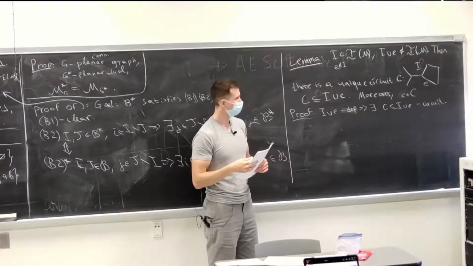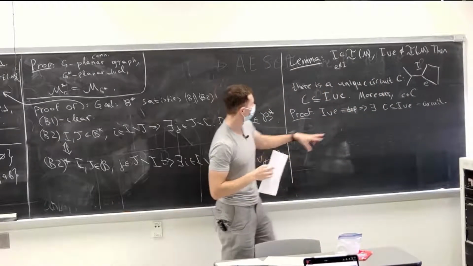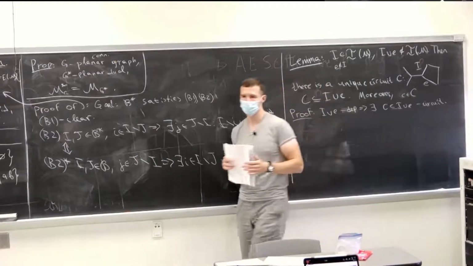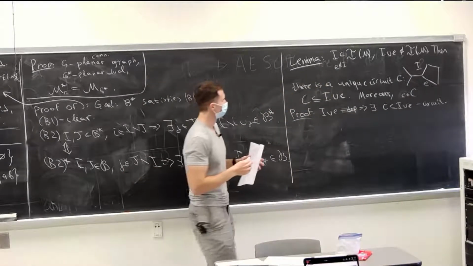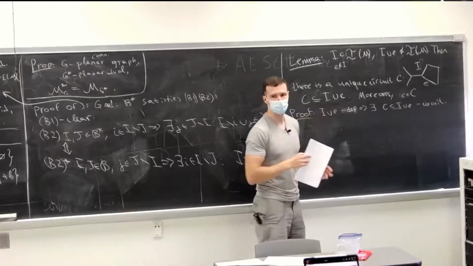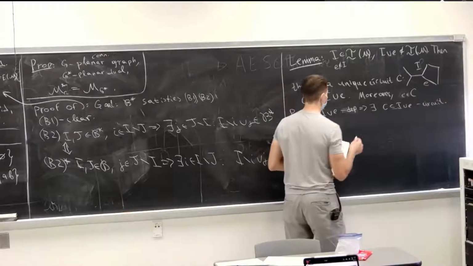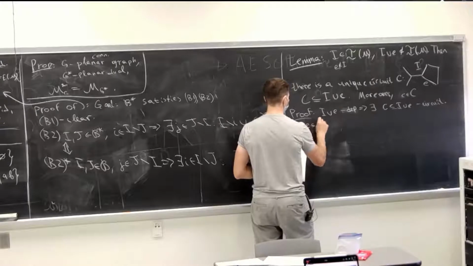Why do I know that E belongs to this circuit? Otherwise, I would be dependent itself, and I know I is independent. So E belongs to C, clear.